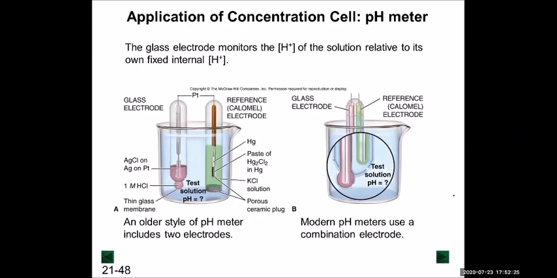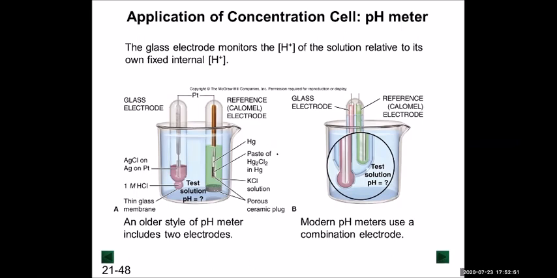The cell voltage is affected by the concentration, so we can measure the concentration by measuring the voltage change. And actually the pH meter is based on this principle.